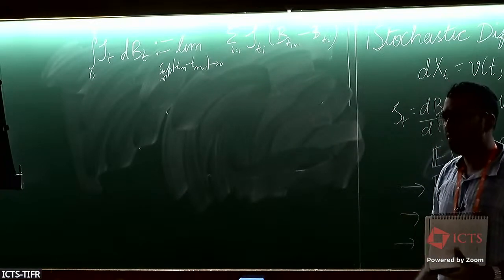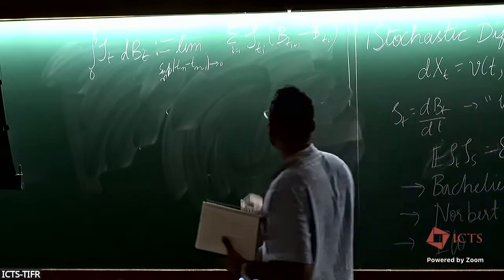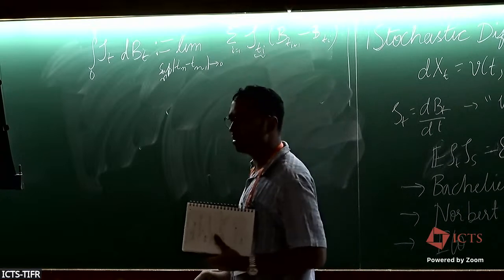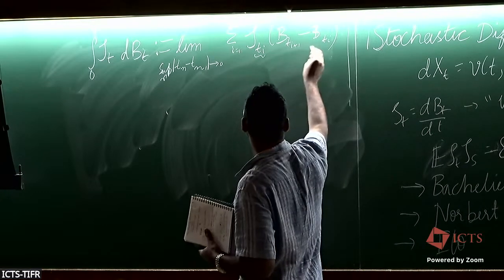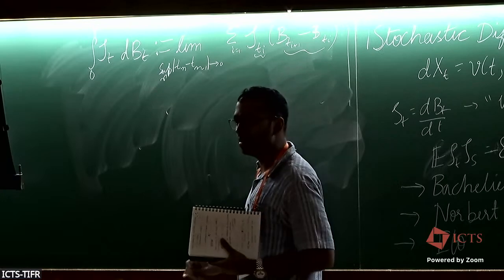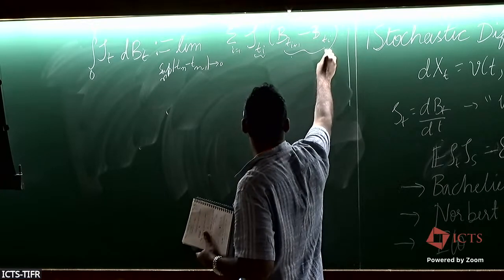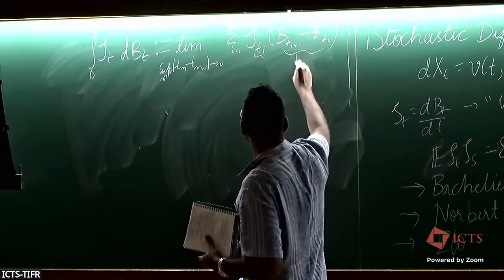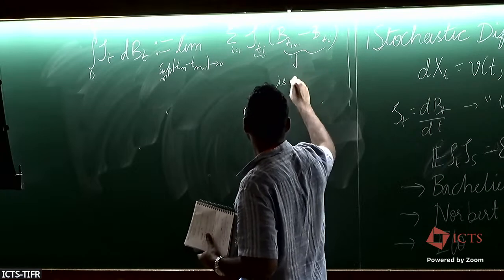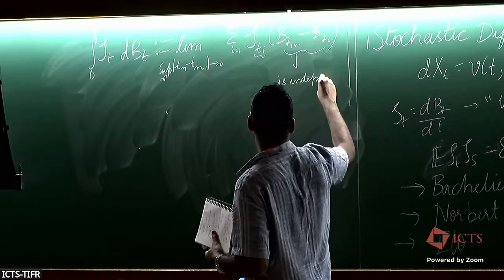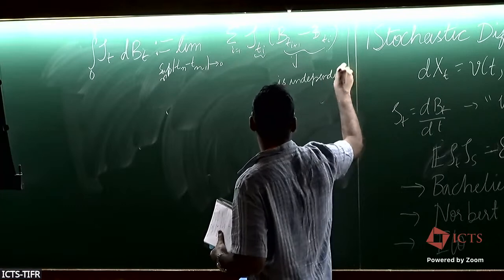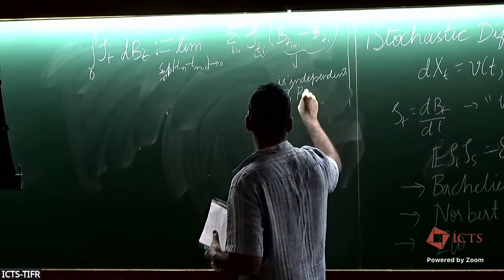So we want to note something. First is that this is the initial point, and this is an increment. It is a future increment, right? It is B_(t_(i+1)) minus B_(t_i). So this increment is independent of B_(t_i).